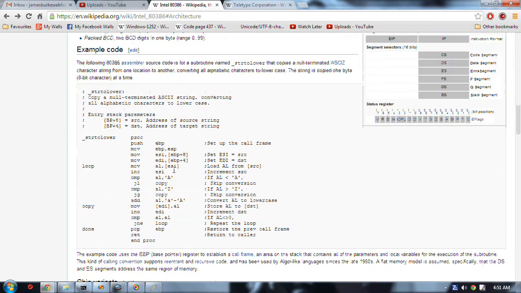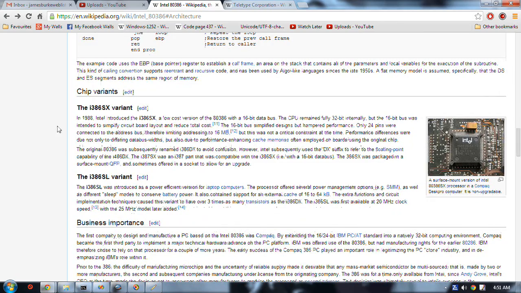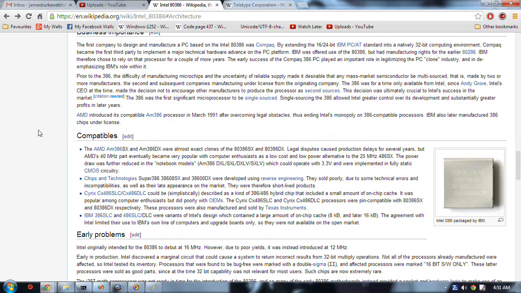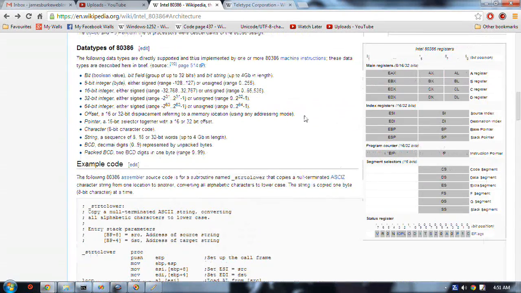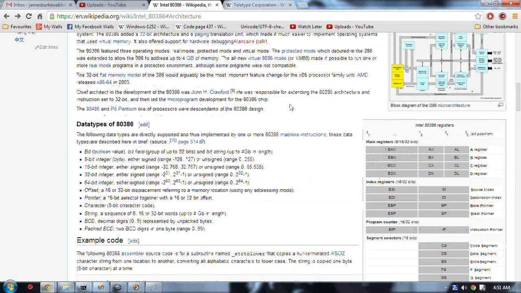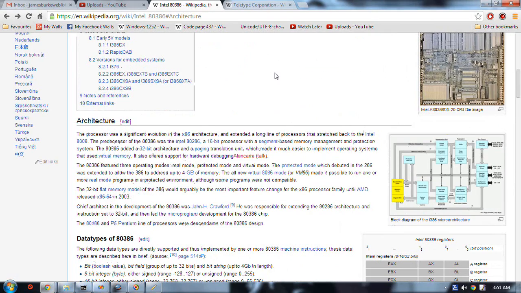Anyway, so we're going to be talking about the kinds of things that this processor can do, and its descendants. The Pentium is one of them.